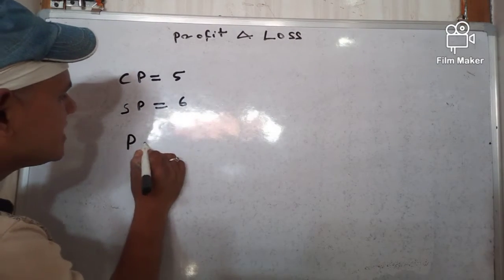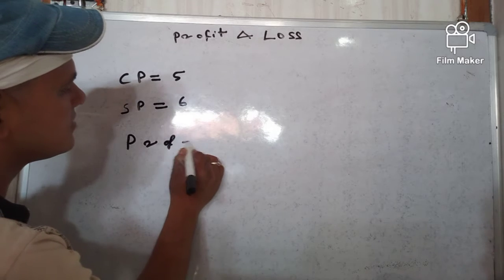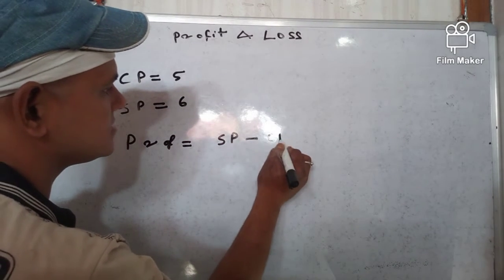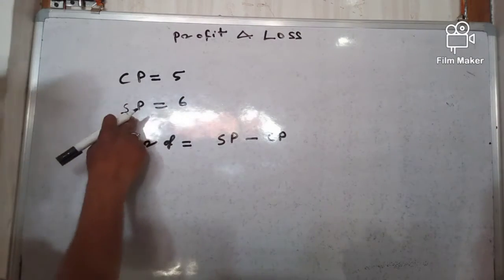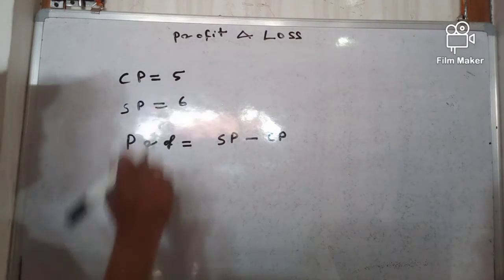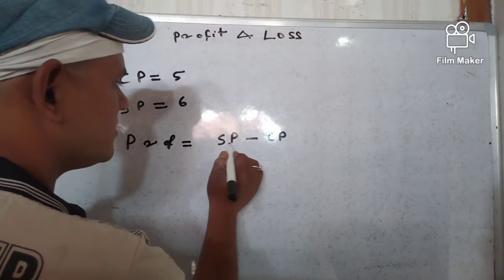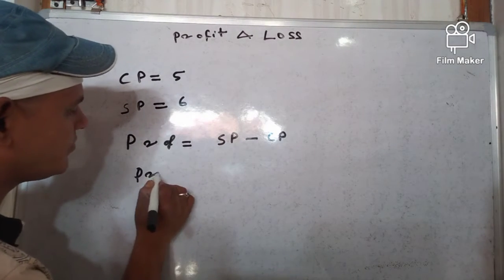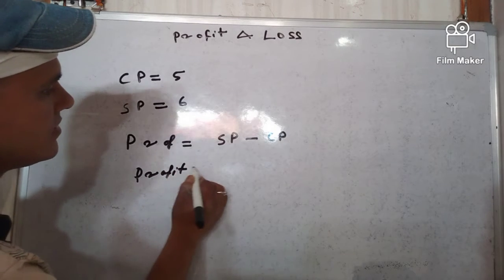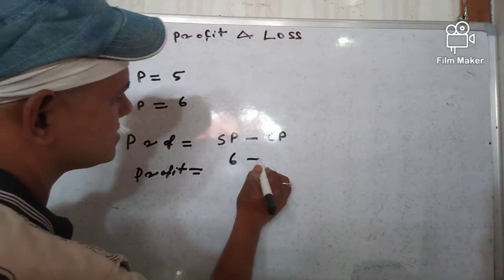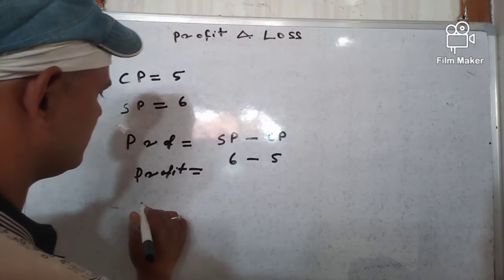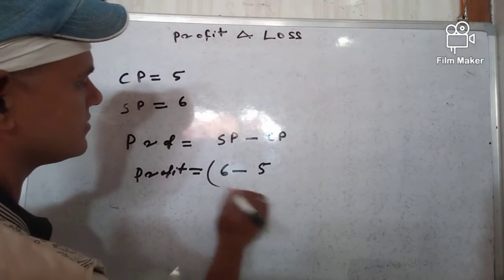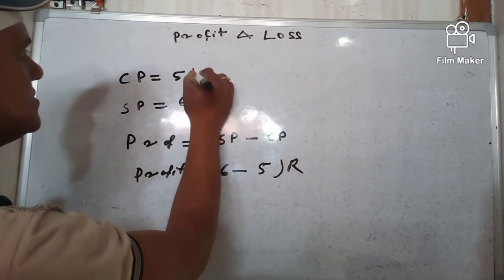So profit equals SP minus CP, since SP is greater than CP. So profit will be 6 minus 5 rupees.